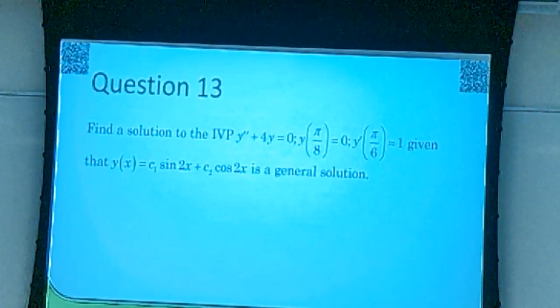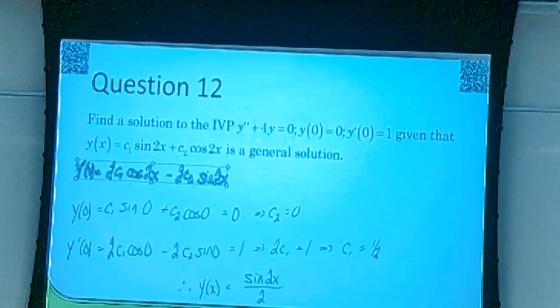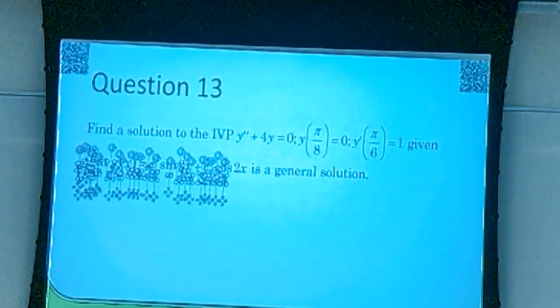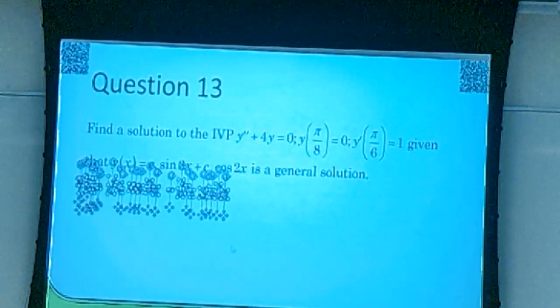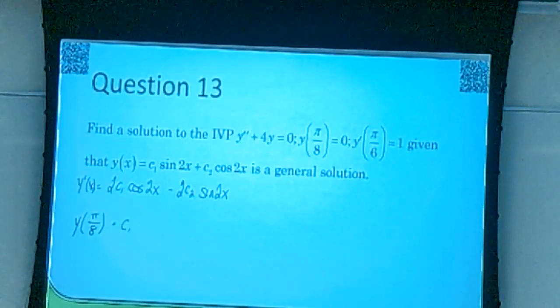Same equation, different initial values. Which means I get to cheat. y of pi over 8 would be what?